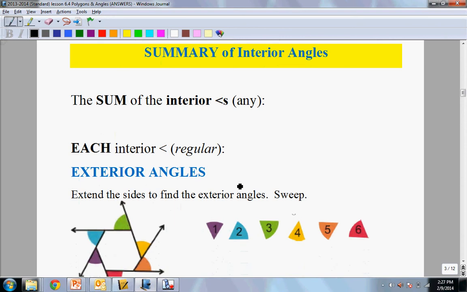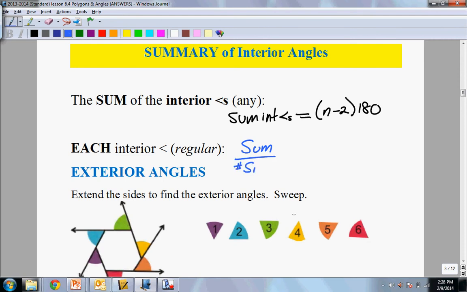Now let's recap what we just learned. For interior angles, write the sum of interior angles equals the sides minus 2 times 180. Now, if it's a regular shape and we want a single angle, we take the sum and simply divide by the number of sides.